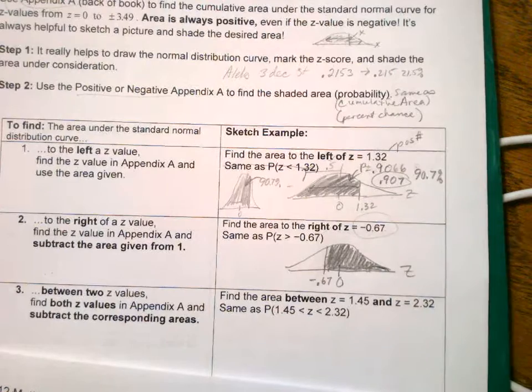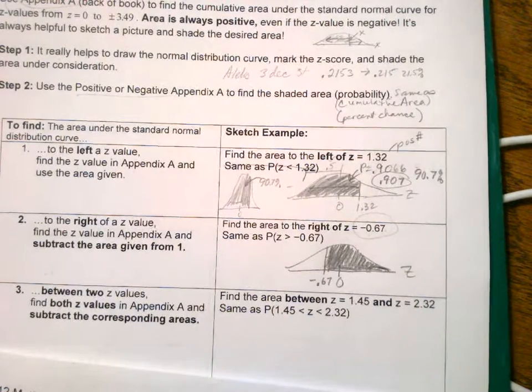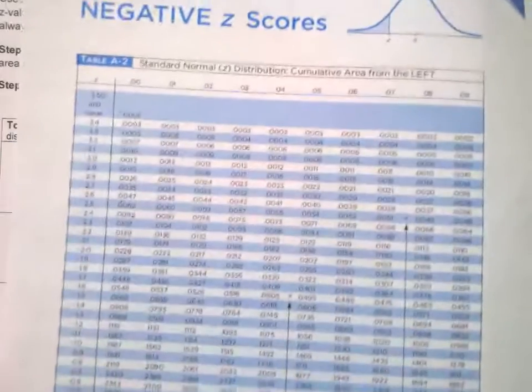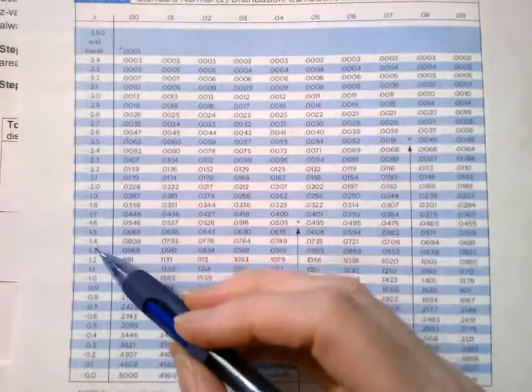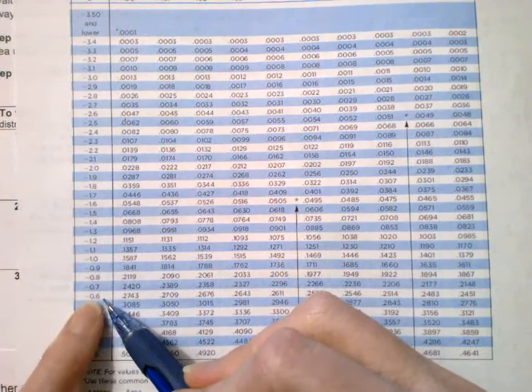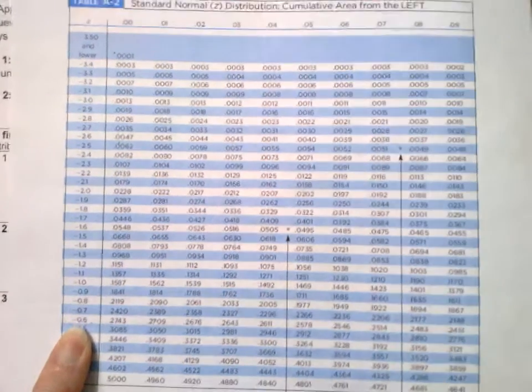But since this is a negative number, I want to go to the negative scores, and I'm looking for the negative 0.67. So look at the negatives start big, come down, 0, 6, and then I need to find 7.